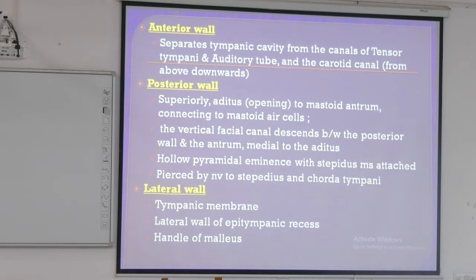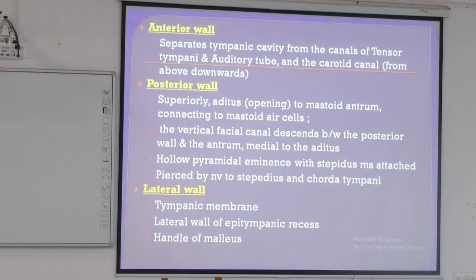So the anterior wall has two features: the carotid canal on the bottom side, and above it two tunnels, one transmitting a muscle and one transmitting a tube.